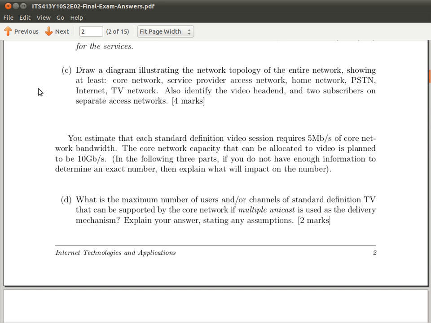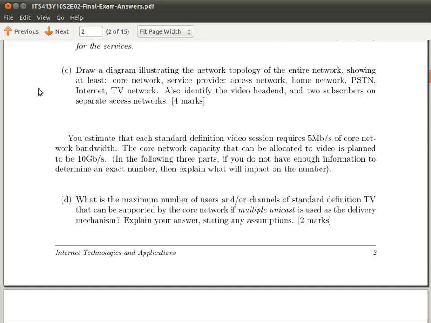Which one is it going to be in this question? Users or channels? Why users? Unicast, so one set of packets for each user.